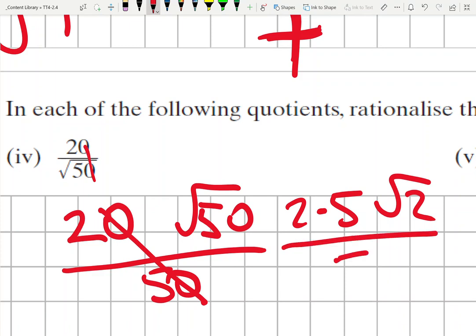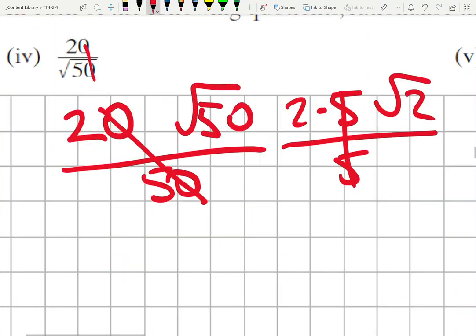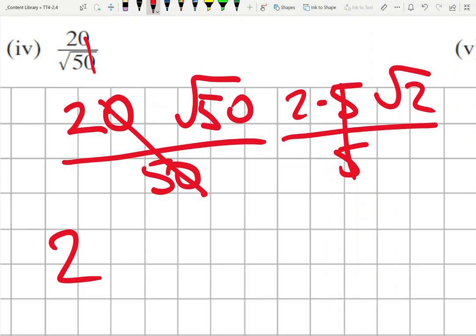Seems like I've made a mistake somewhere. 2 over 5. Let's see. Seems okay.